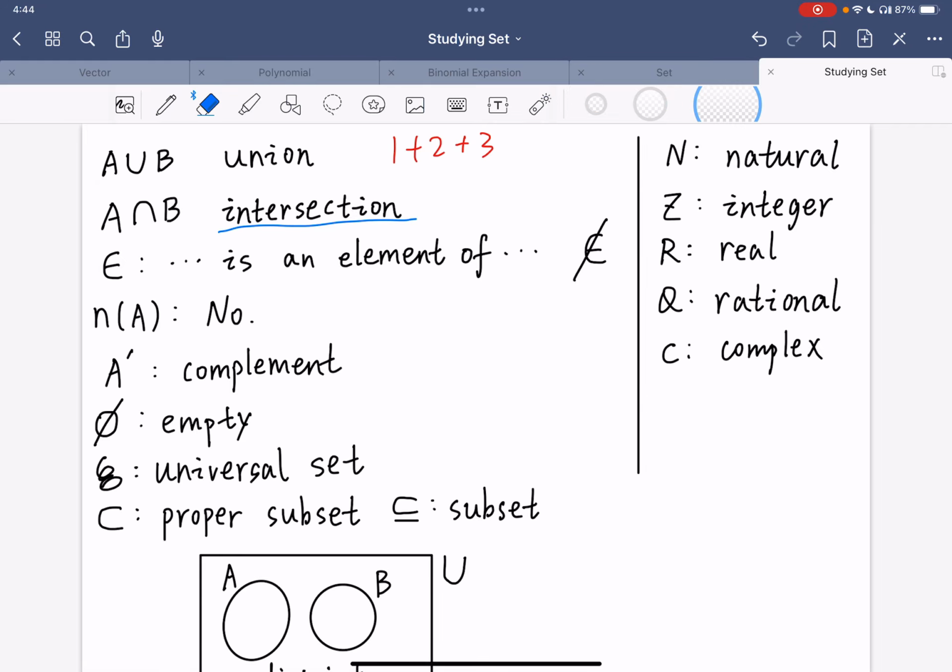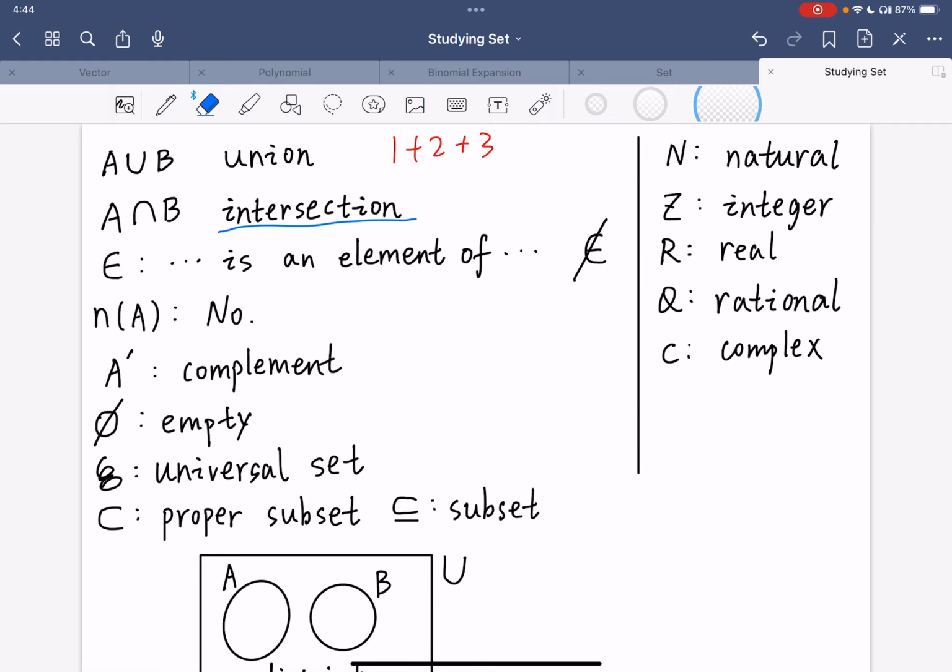That is the defined set. I define the set A to be 1, 2, 3, 4. And n(A), the number of elements in the set A, equals how many? 4, because in total there are 4 numbers in this set. Very simple, isn't it?